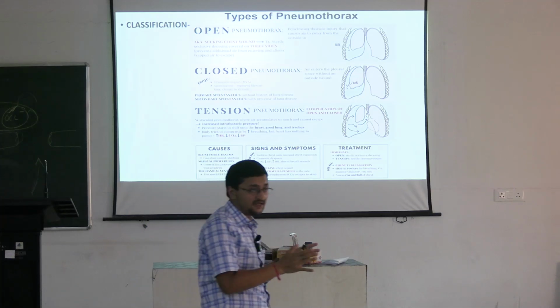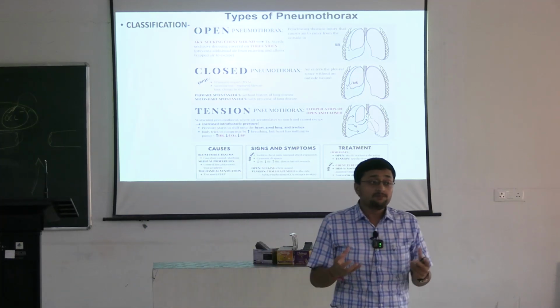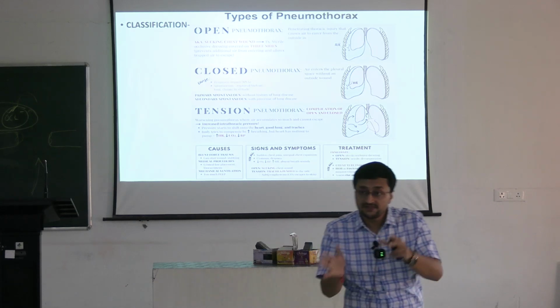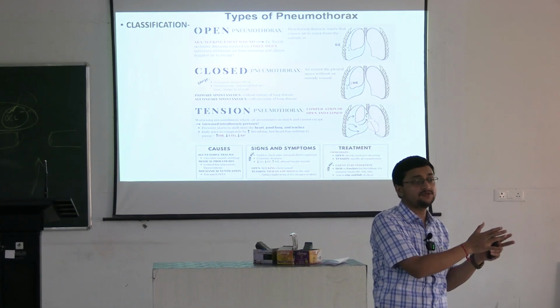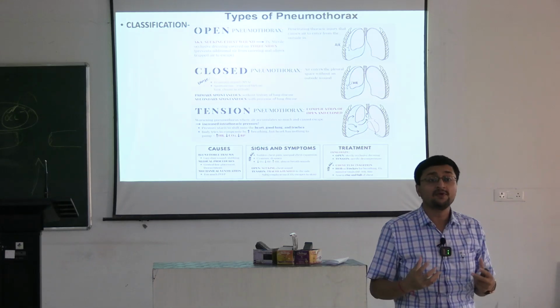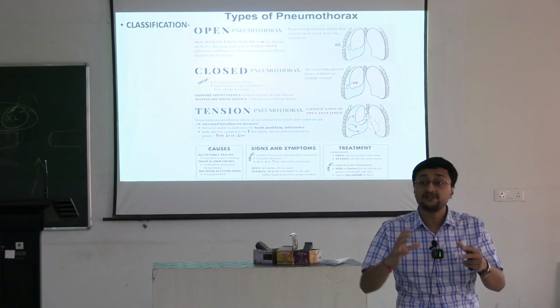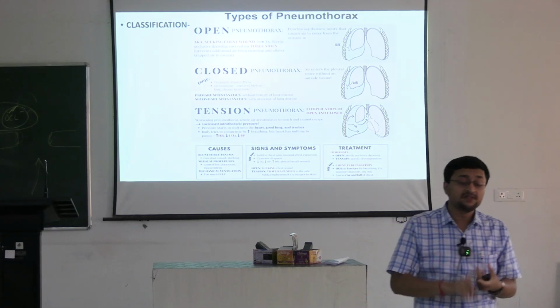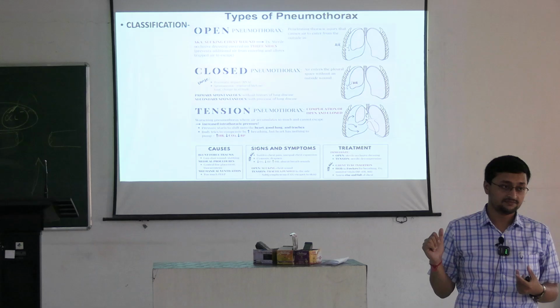At one point of time, the pressure will build up so much that the mediastinum itself will be shifted to the opposite side. And the cardiac function will be compromised because of the tension. Understood? That is why this is a medical emergency. Okay?